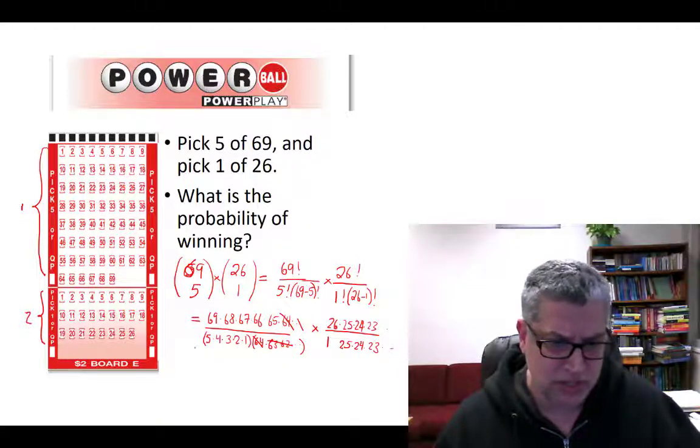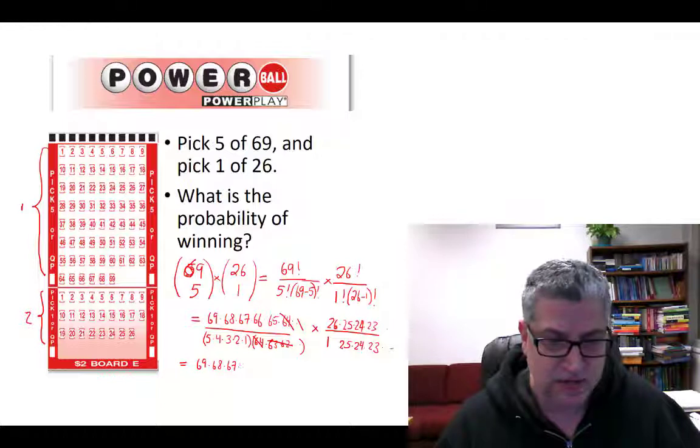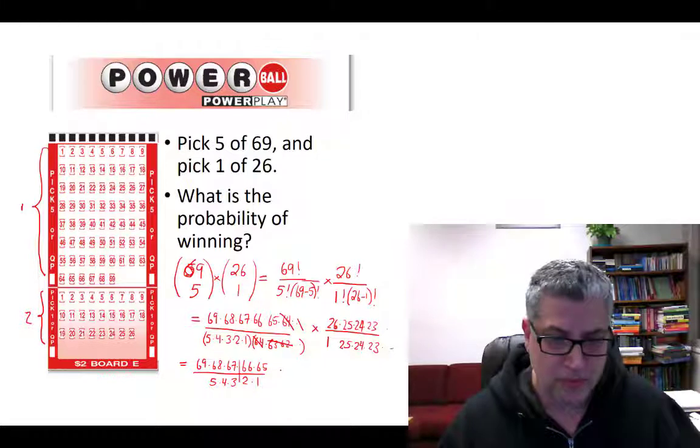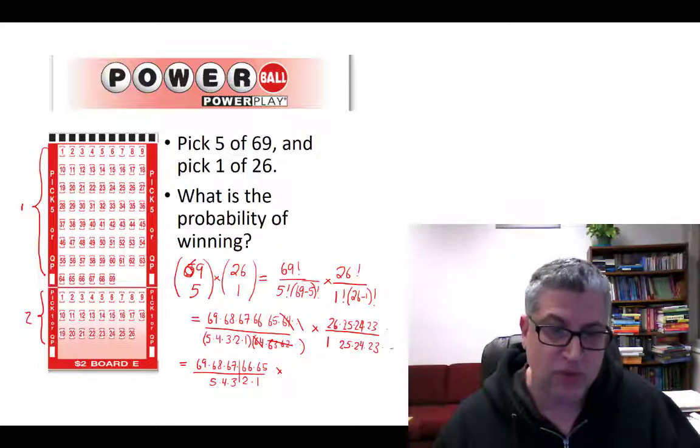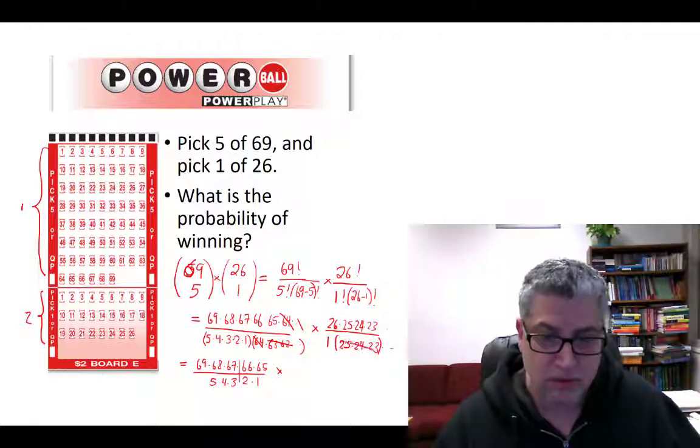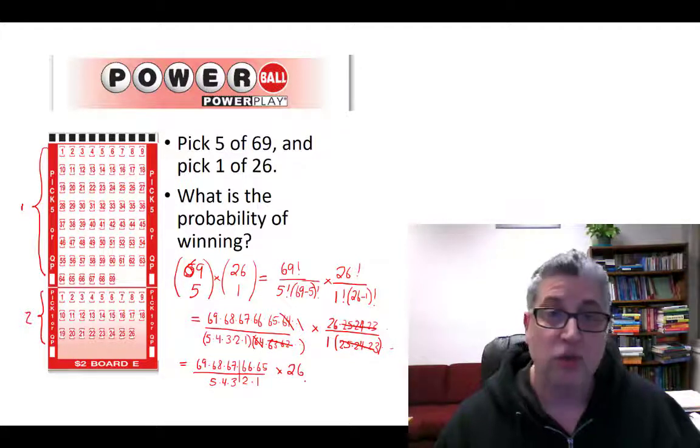So this is not bad. This is just 69 times 68 times 67 times 66 times 65 over 5 times 4 times 3 times 2 times 1. And then our next term also simplifies. 25 times 24 times 23 in the denominator. This part here cancels with these guys, leaving us just with 26.